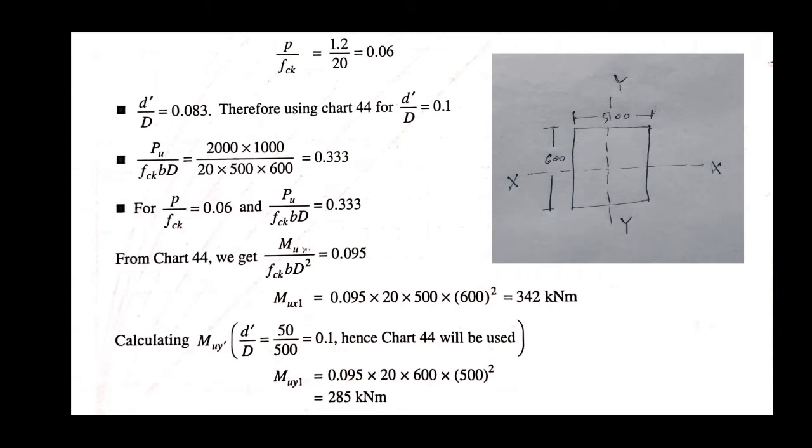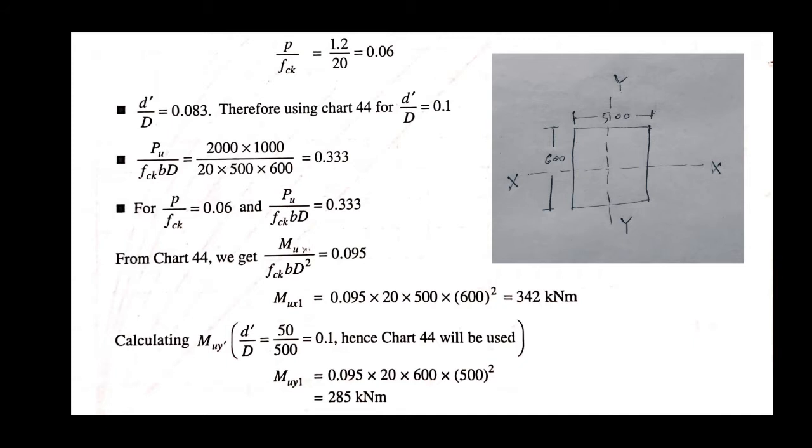With respect to x-axis, small b width is 500 and capital D overall depth is 600, and with respect to y-axis, width small b is 600 and overall depth capital D is 500.